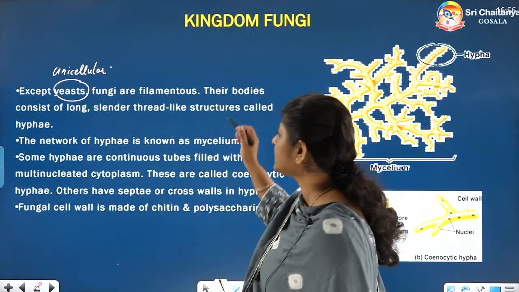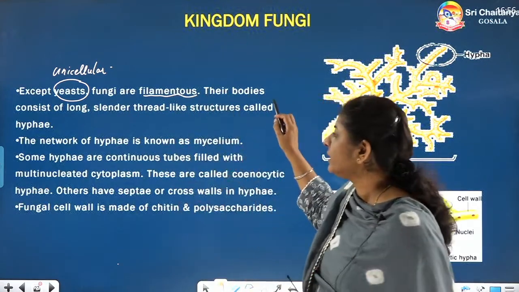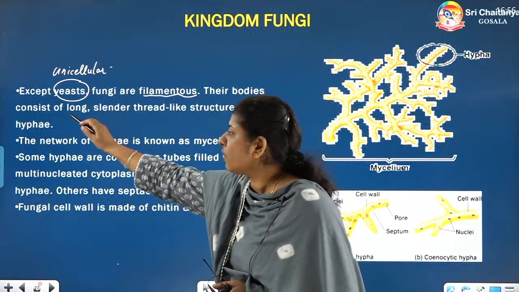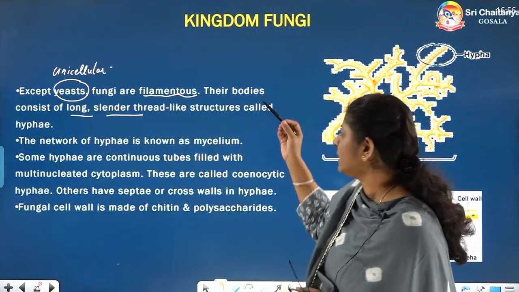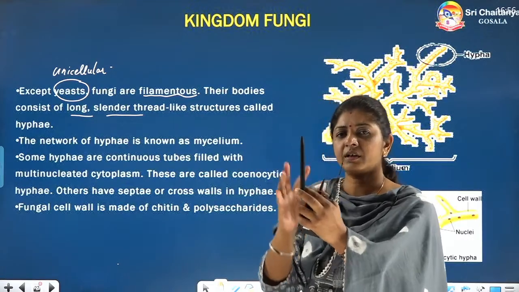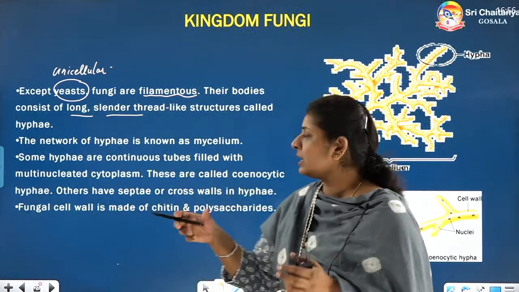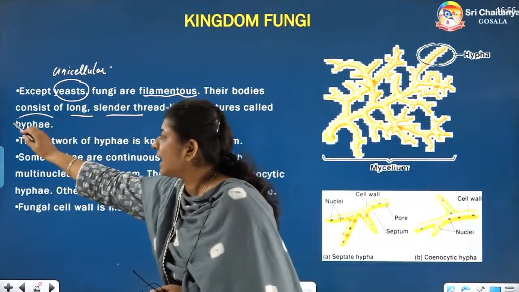Otherwise the fungus is having filamentous, like a thread-like structure. Their body consists of long cylinders, like this pen marker, which is rounded and elongated. That structure you call it as slender, like very thin threads, and that you call it as hyphae.